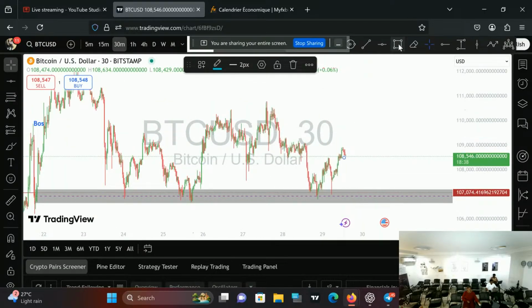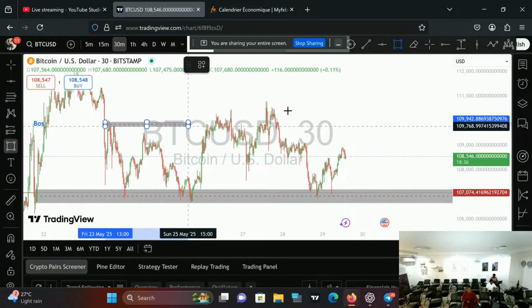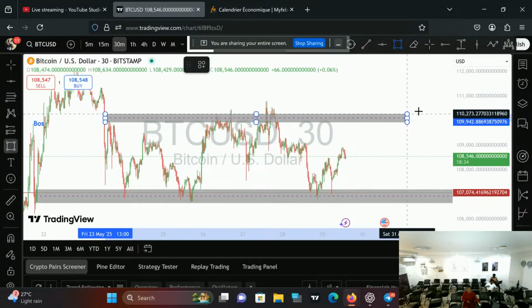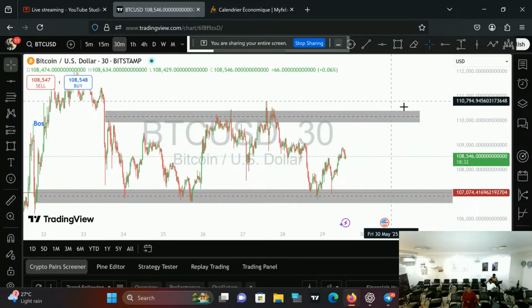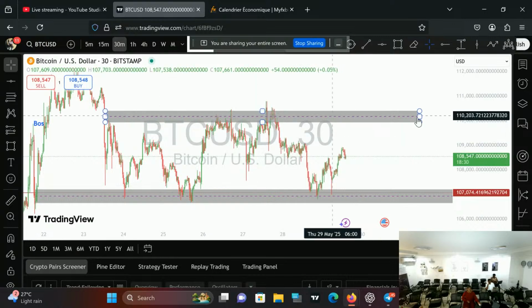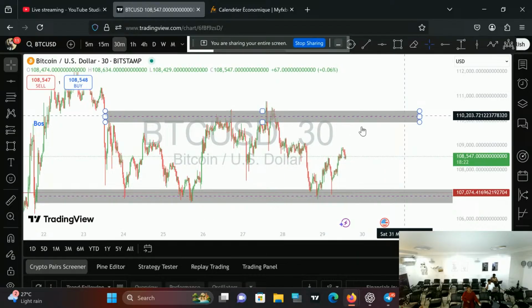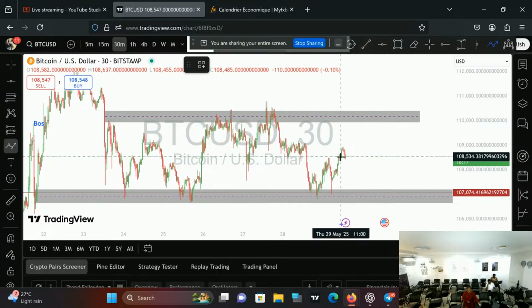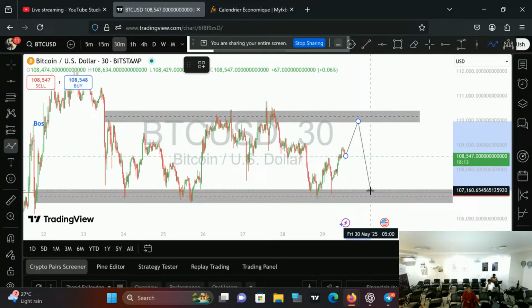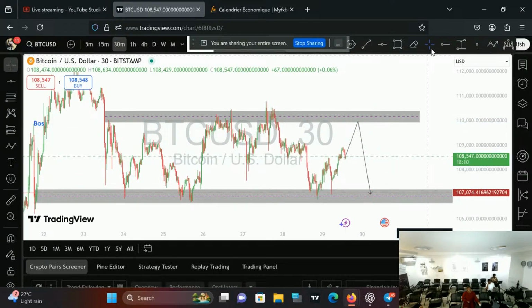We also know that this is a resistance zone, because the market has been coming to this point and not breaking it. So this market might do something like this, or come down.